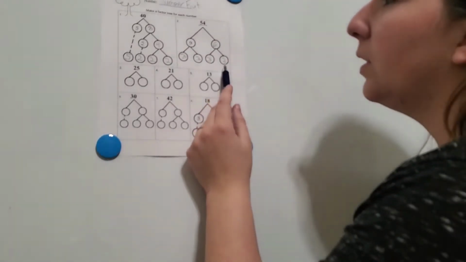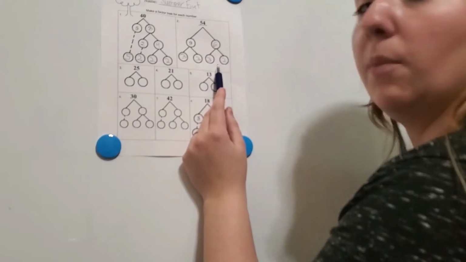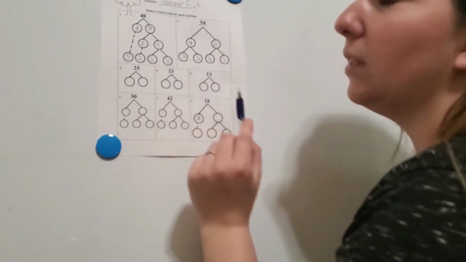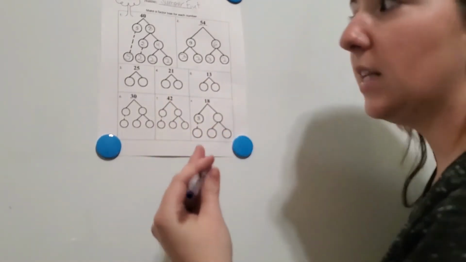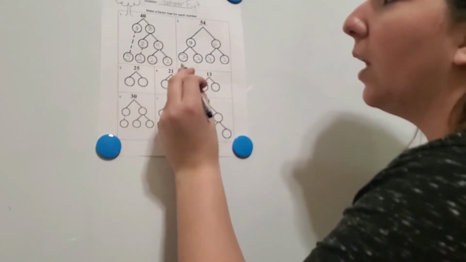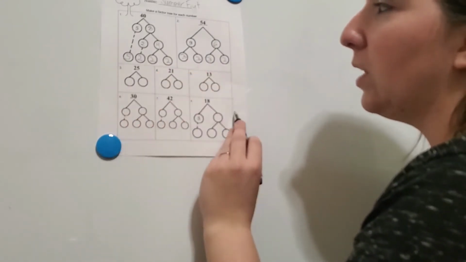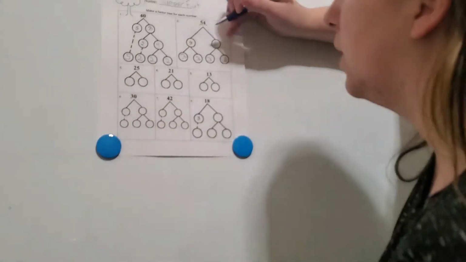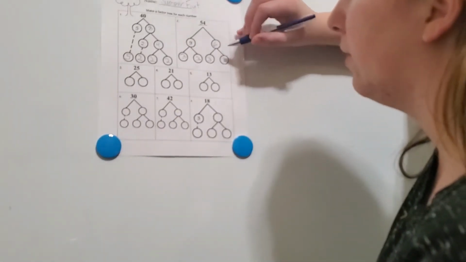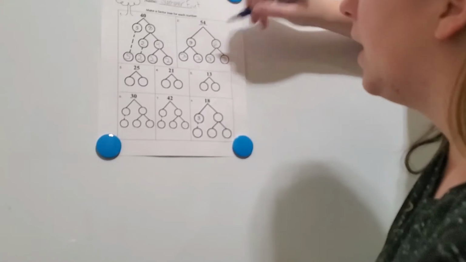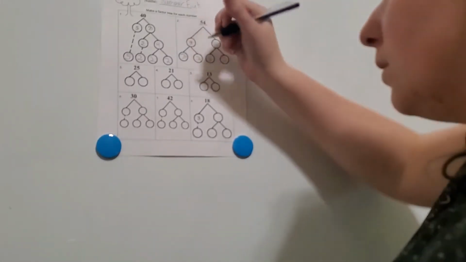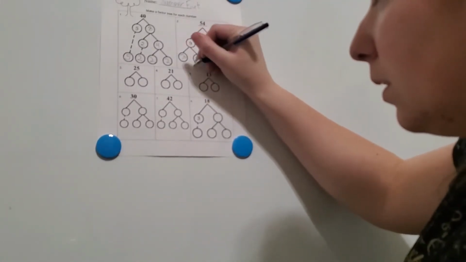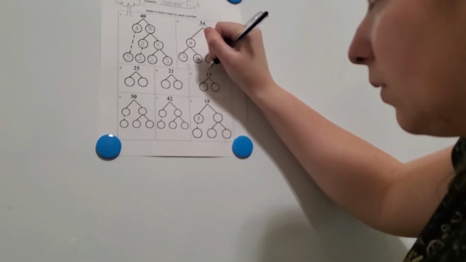So 3 and 2 are both prime numbers, as we know now, and I believe the kids will start realizing those prime numbers the more they do these, so it'll be easier for them to know when to stop, and also that they can't go down any further. So our answer for this one would be 2, 3, 3, 3.